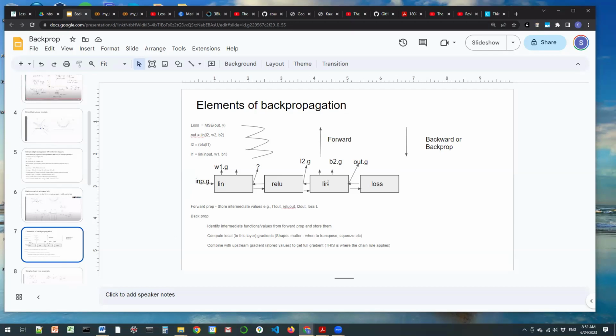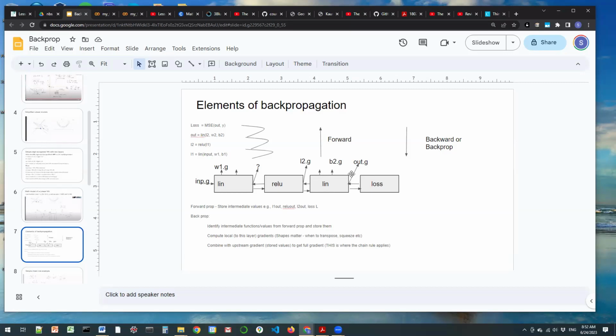That means computing the gradient of, let's focus on this particular unit, the linear 2. Linear 2, remember, has an input, which is L2, and its output is out.